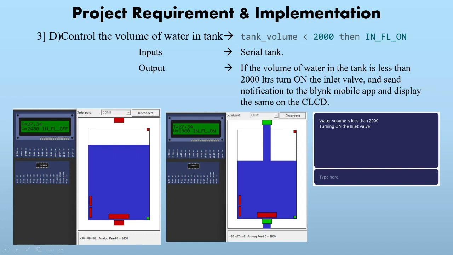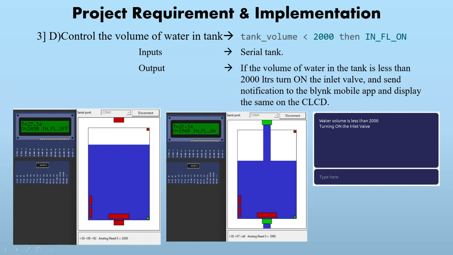But let's suppose we open the outlet valve and the water is flowing outside, right? So if the volume reaches 2000, we don't want the water to go below that.